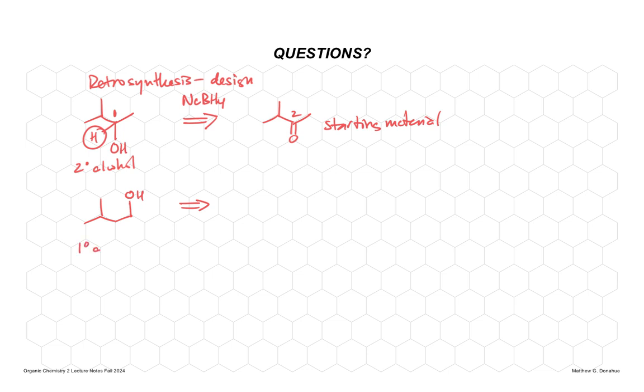In the next case, we have a primary alcohol. So this could come from an aldehyde. So I'll just write ketone up here. So it could come from that using sodium borohydride. Alternatively, we could start with oxidation state 3.